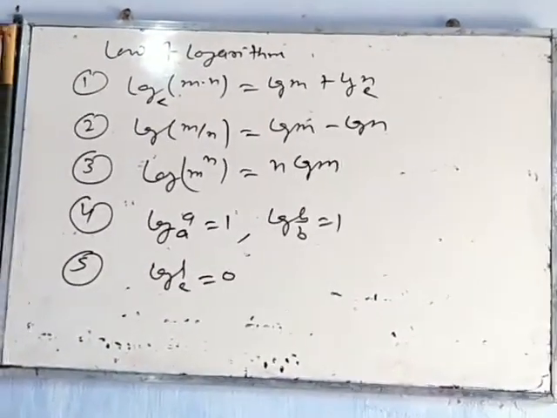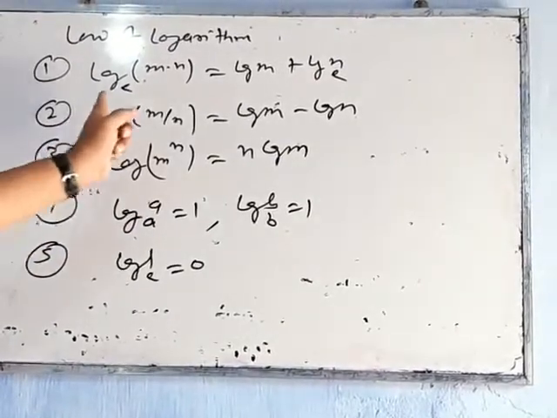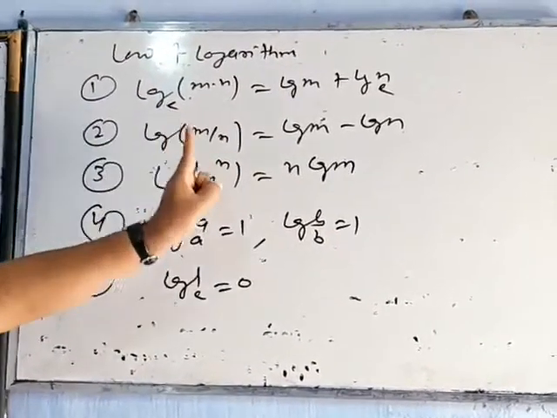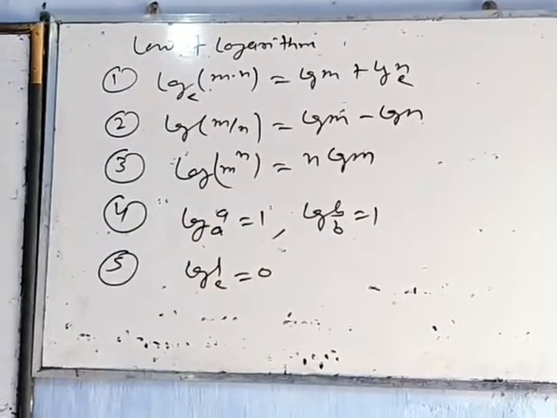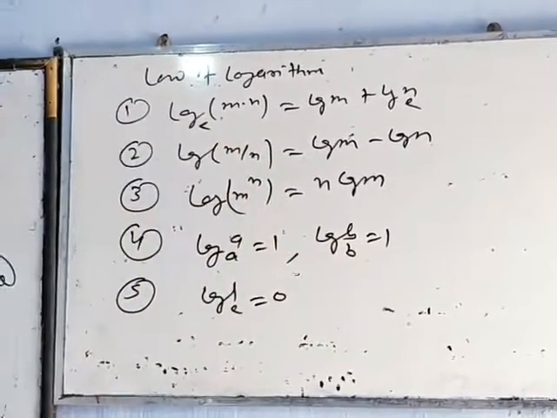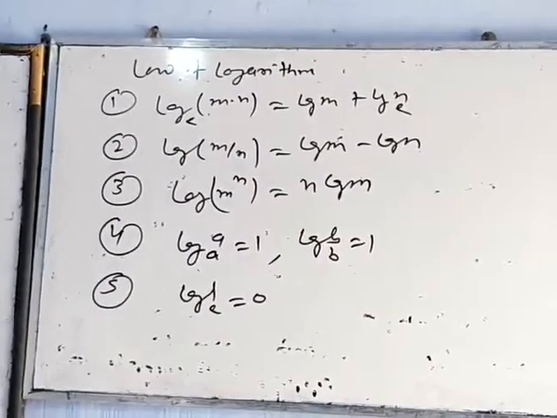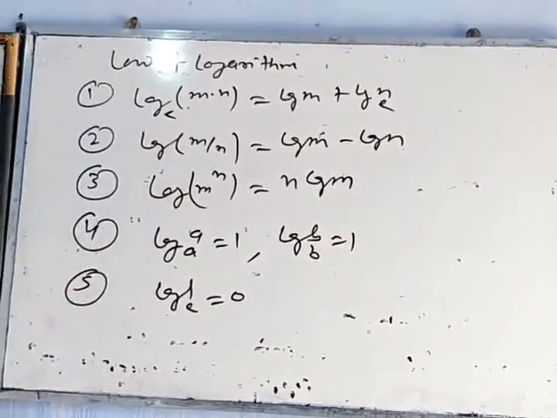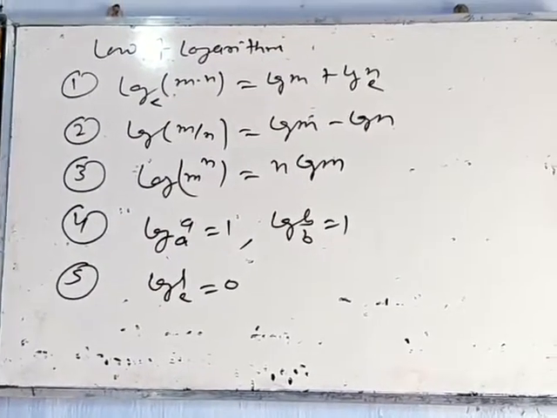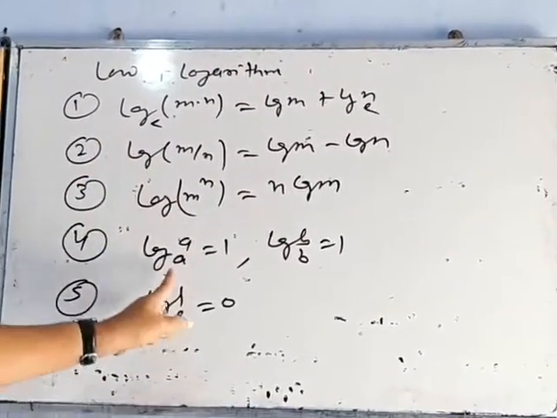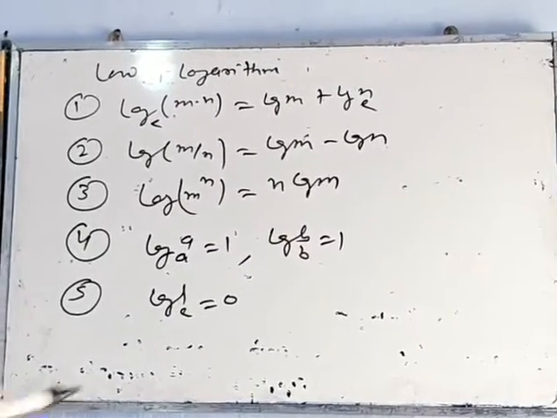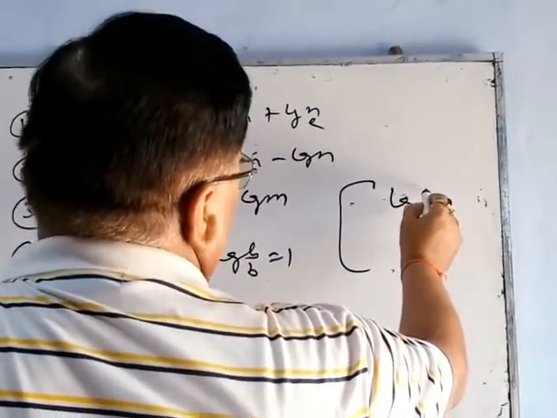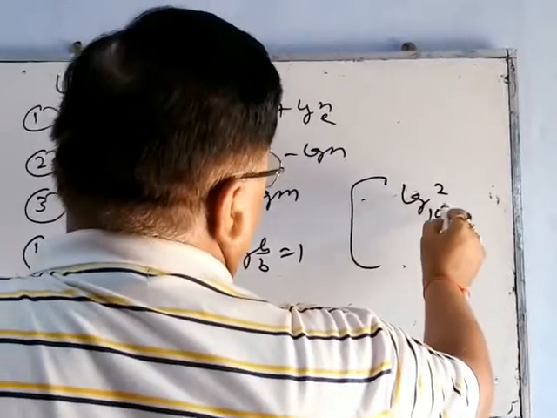Here there are two bases you are looking at, student watching: base e and base a. Base e is called Napier log, where the logarithm base is e, it is called Napier log, and where the base is other than e, that is called common log. This is the common log, log of 2 to the base 10.